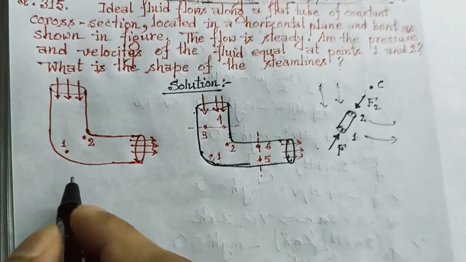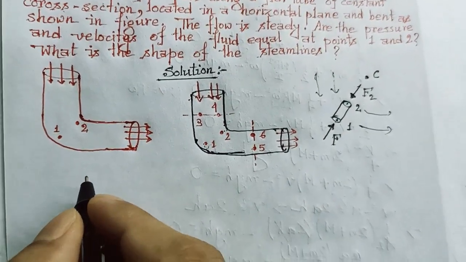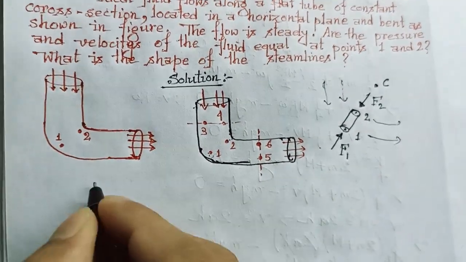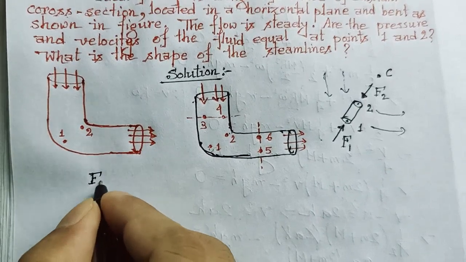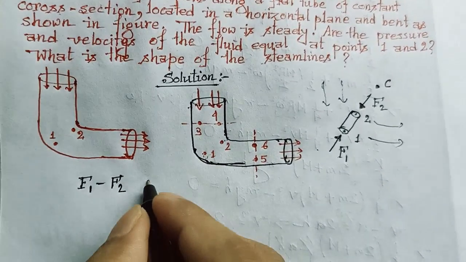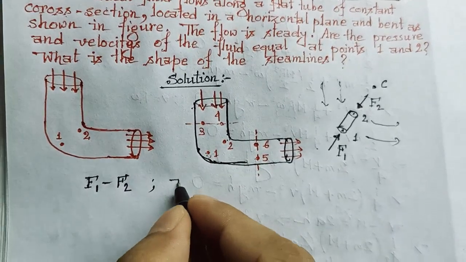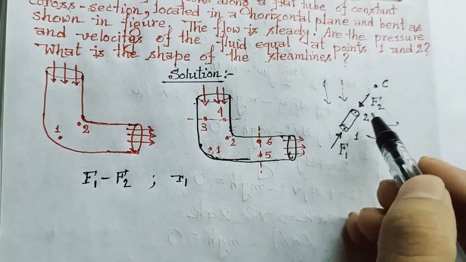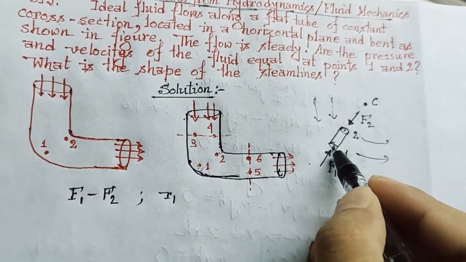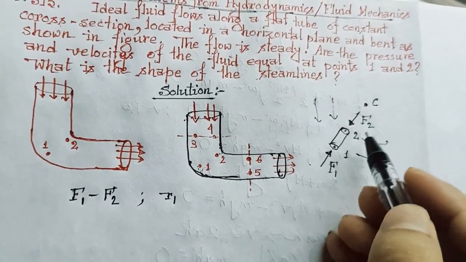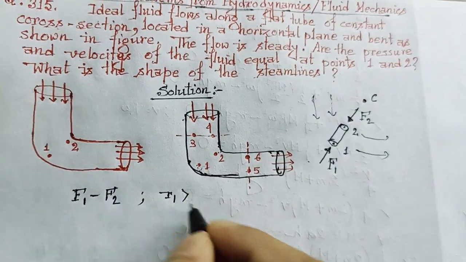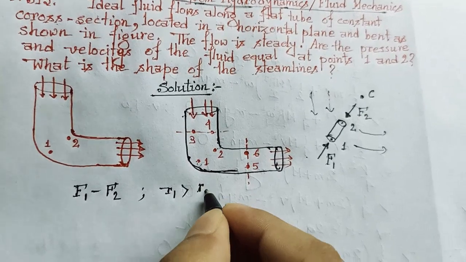So the necessary force for completing the circular motion will be F1 minus F2. The distance R1 is the distance from the point C to point 1, and R2 is the distance from the point C to point 2, and R1 is greater than R2.